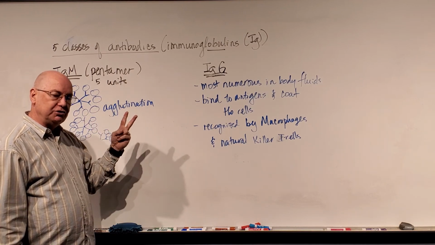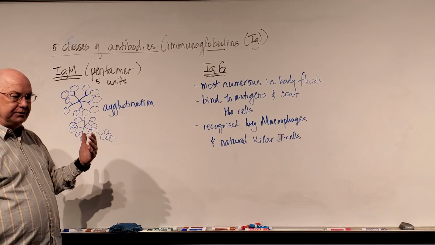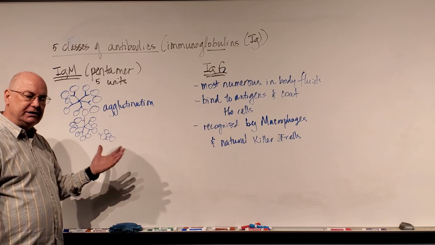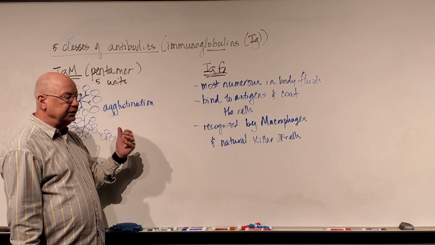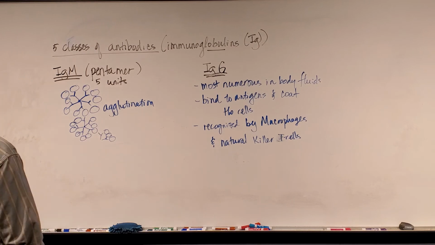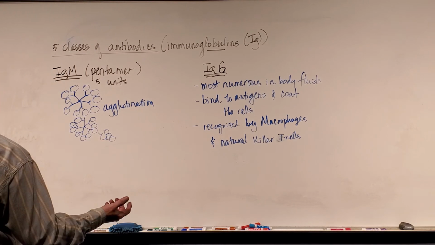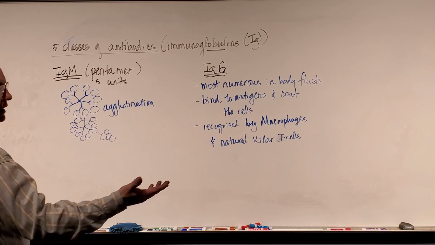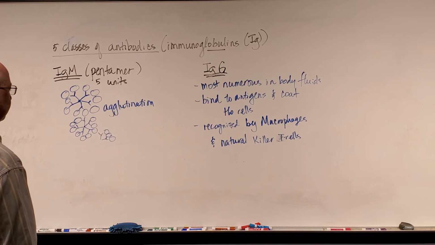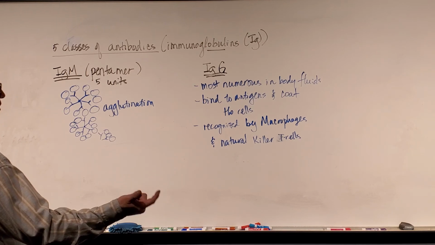IgA is the second most numerous. It exists as a dimer. IgD is the least understood. IgE, they're also monomers. And for IgD, they're on the surface of B cells. For IgE, they stimulate mast cells and basophils to respond in allergies and parasitic infections.